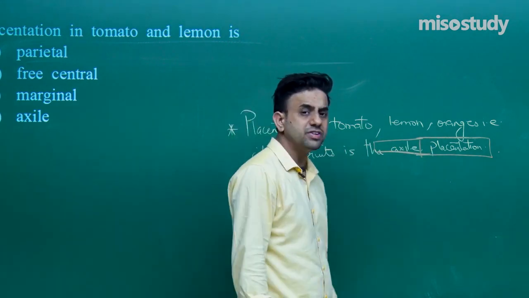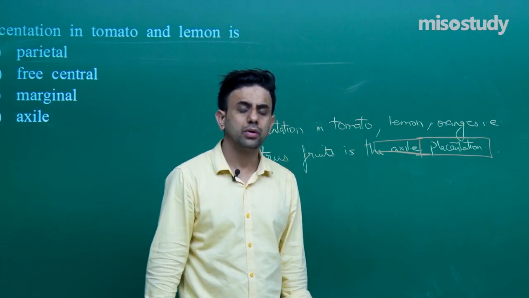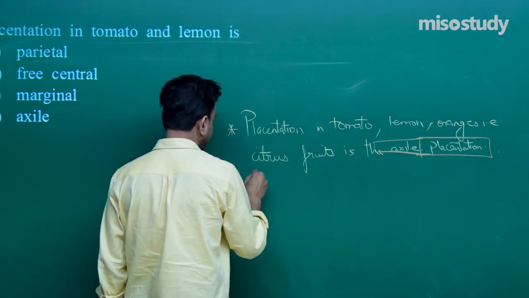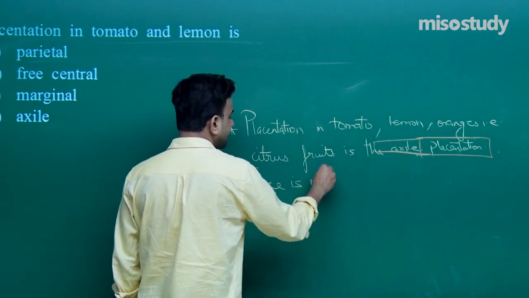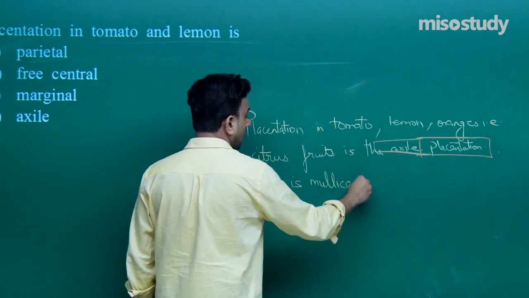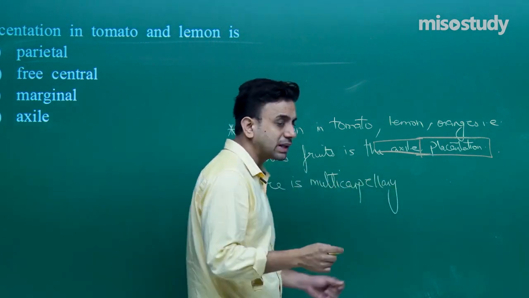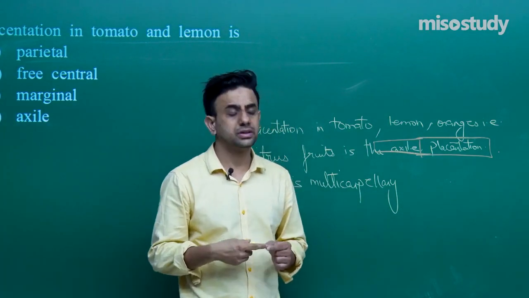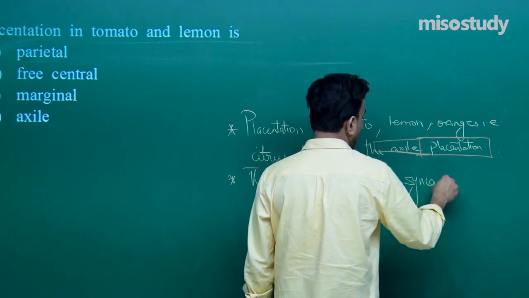Now, what we see here is a multicarpellary syncarpous ovary condition. Multicarpellary means many carpels are there, and all these carpels are fused.